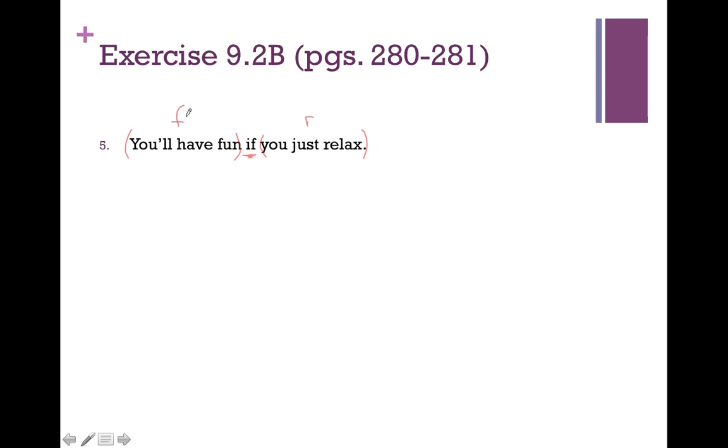Now whenever you have P if Q, or in this case F if R, you have to reverse the order of these two, because what you're basically saying is if you relax, then you'll have fun. In other words, we symbolize it like this. We use the horseshoe to show the conditional, i.e. hypothetical relationship, and if you say you'll have fun if you just relax, basically what you're saying is if you just relax, then you'll have fun.